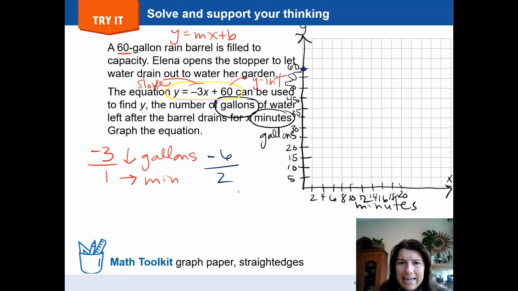And then I'm going to go down 6 and over 2 again. I'm going over by 2 because I want to keep some coordinate pairs right here on these crosshairs. So down 6, over 2. Why do those things keep moving, those coordinate pairs? Oh, goodness. What if I tried that?